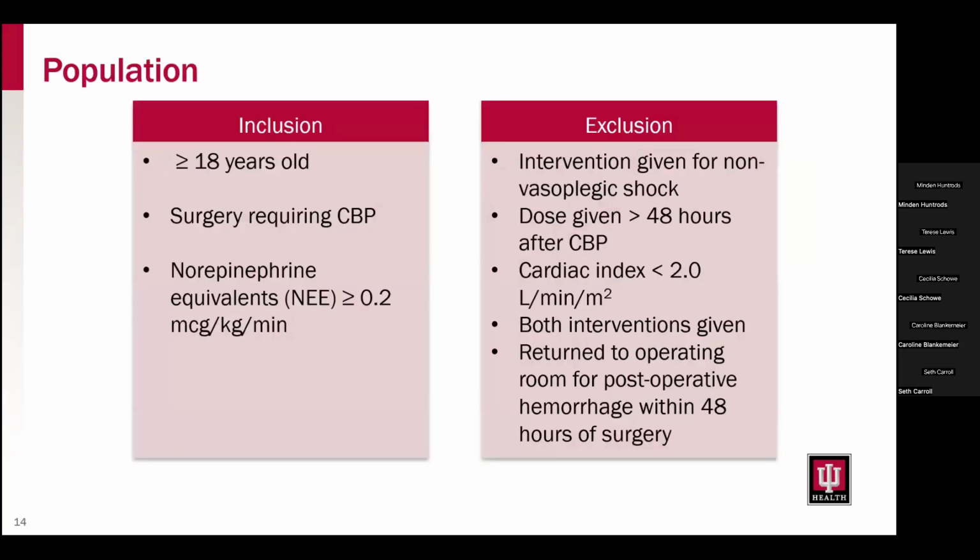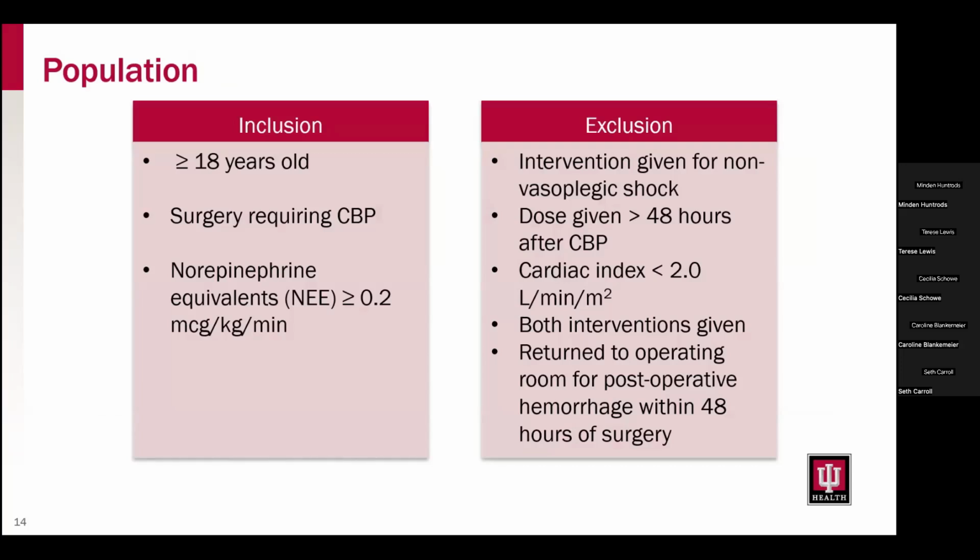Patients were included in the study if they were adults greater than 18 years of age, and they had a surgery that required cardiopulmonary bypass. They also needed to have some form of vasopressor requirement, which they measured in the form of norepinephrine equivalents greater than 0.2 micrograms per kilogram per minute.